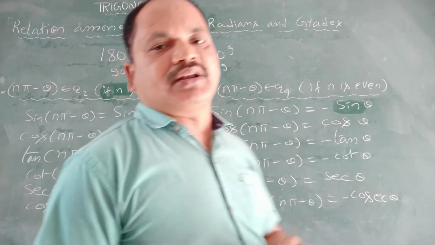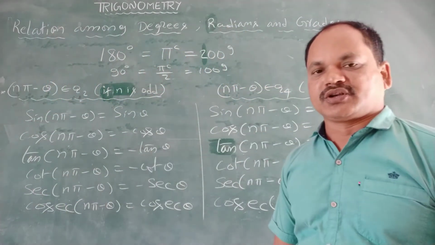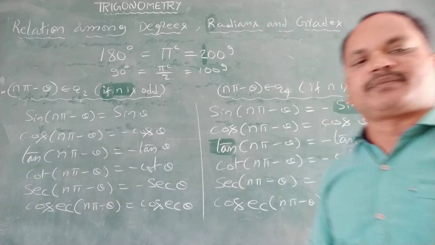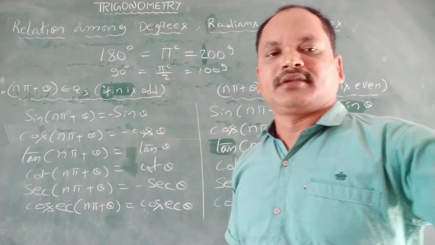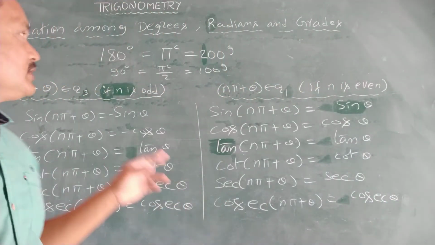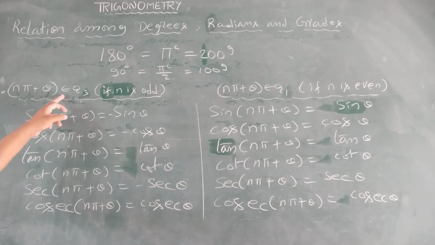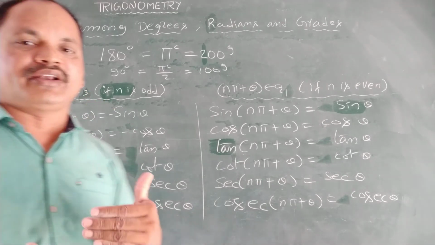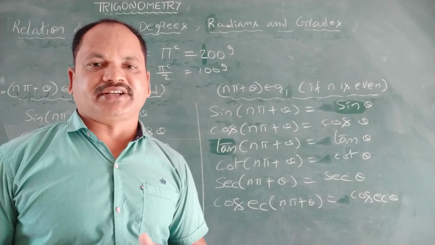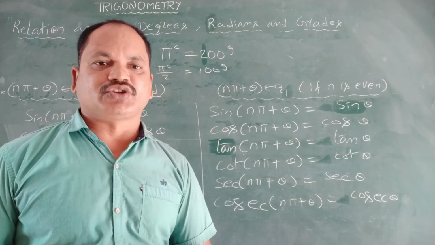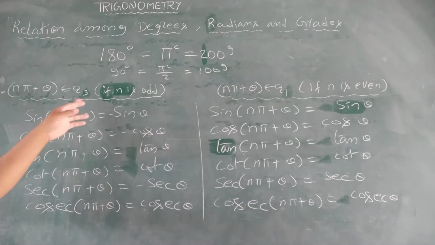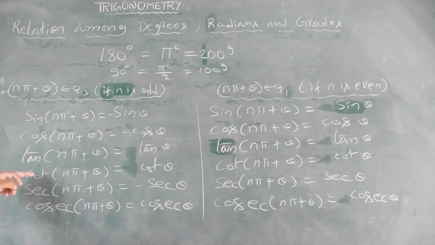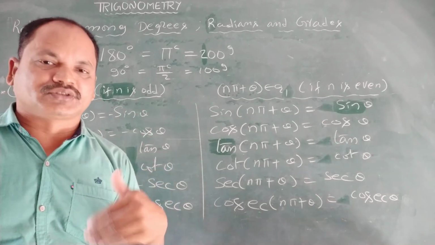That's all. Now we are going to odd multiples of pi plus theta and even multiples of pi plus theta. Now observe, odd multiples of pi plus theta belong to Q3. Since any odd number is taken as 1, pi plus theta, pi means 180 plus theta, belongs to Q3. In Q3, what are positive? Tan and its reciprocal cot are positive, and the rest of the functions are negative. That's why odd multiples of pi plus theta belong to the third quadrant.